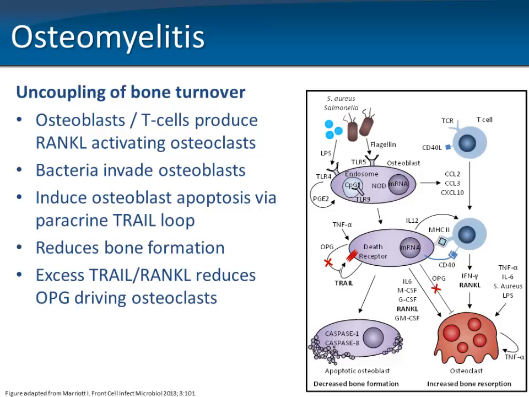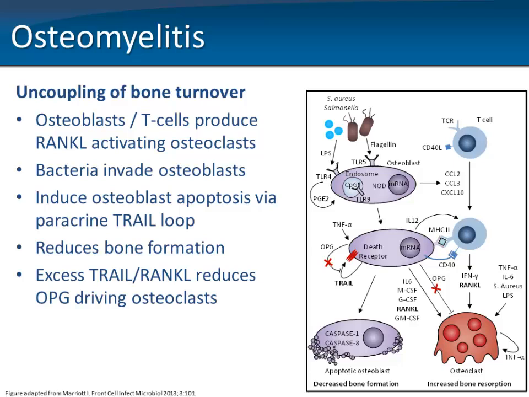And it does that by secreting TRAIL. And TRAIL can bind to the death receptor, and then the cell becomes apoptotic. Now, unfortunately, OPG, which I showed you was a decoy receptor putting the brake on RANKL, also binds to TRAIL. Realize that if your OPG is bound to TRAIL, it's gone. So it can no longer bind to RANKL.